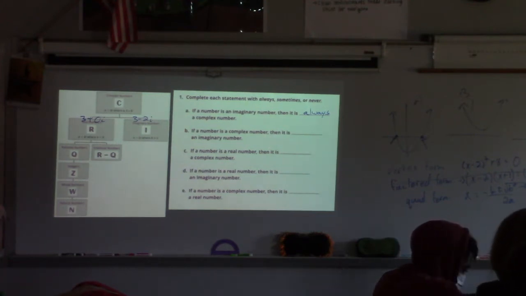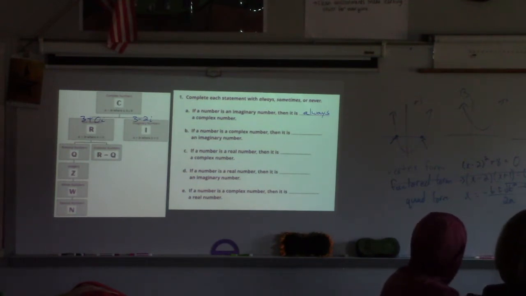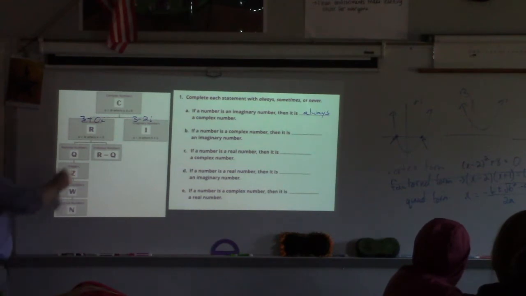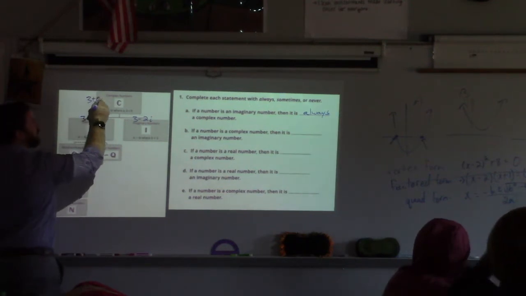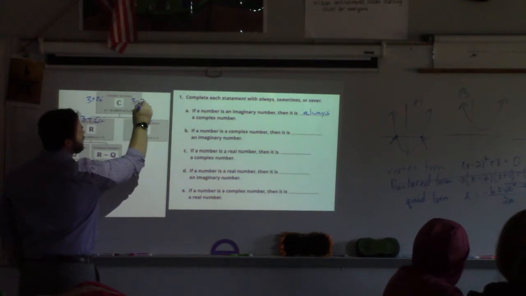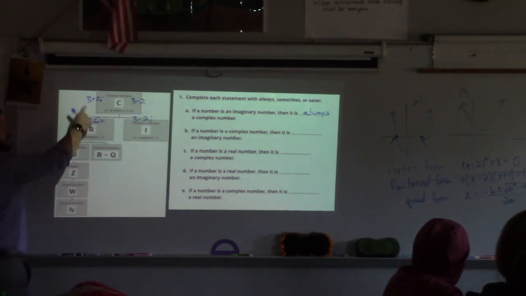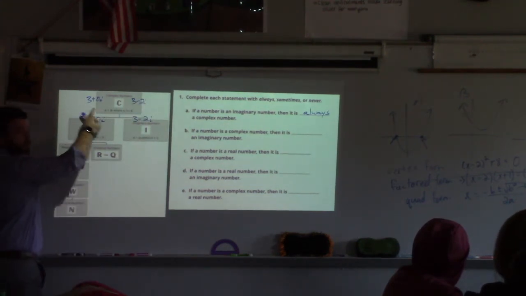However, here's the flip side of it. If a number is a complex number, then it is always, sometimes, or never an imaginary number. Can anyone create a complex number that is not imaginary? Yeah, this is complex, isn't it? Is it imaginary? No. So remember, complex is the combination of both the real and the imaginary. So there's a real number, it's complex, but it's definitely not imaginary.